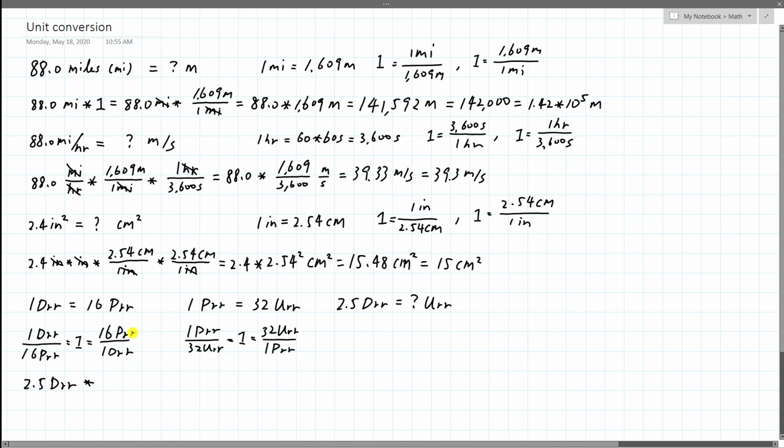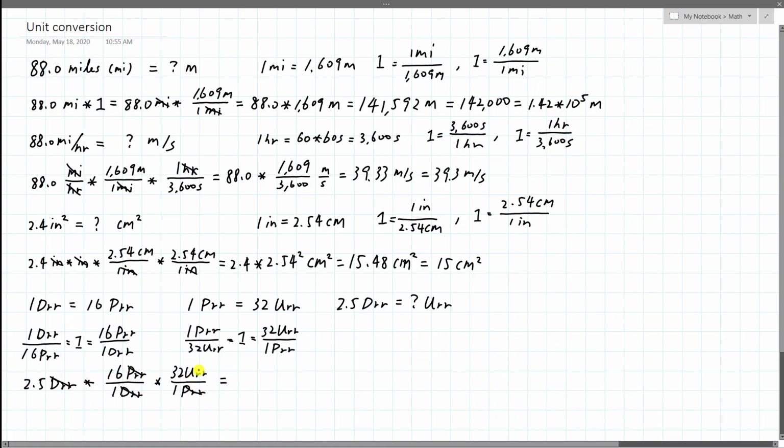Okay, so I can use this conversion. 16 per is equal to 1 dir. Now I introduce per. I want to get rid of per. I need per in the denominator, such as that, right? So I'll multiply this 32 for each per. Alright, and divide.